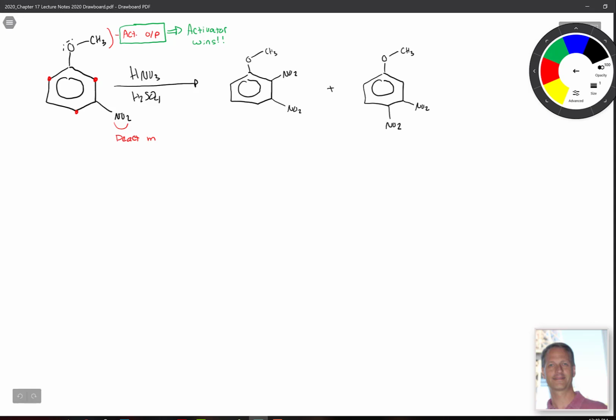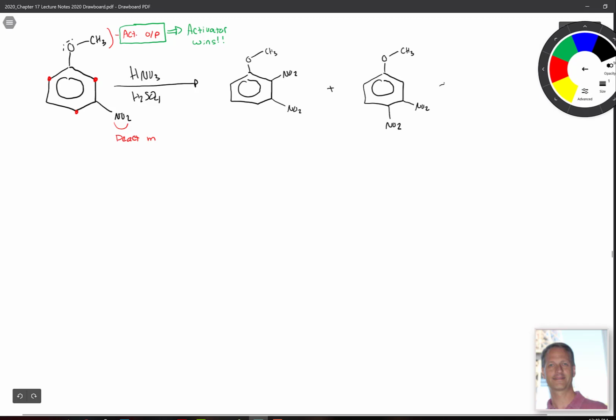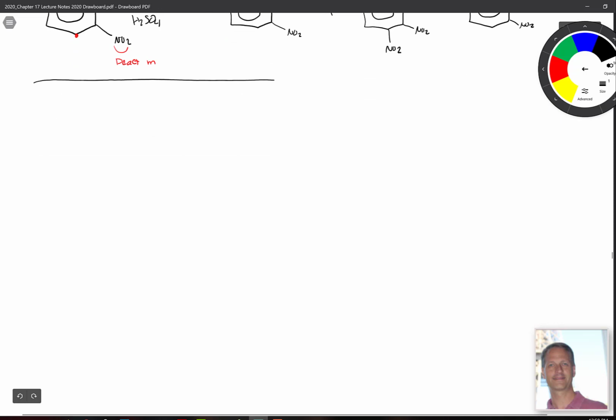Right, this product, and then the other product we get will be, right, and it would be here. Right, so ortho and para to the methoxy group. Right, so just as another little exercise here, what about this?